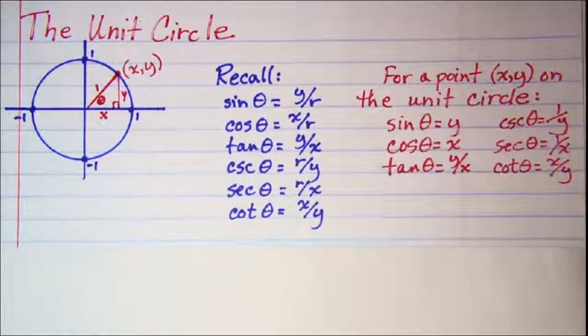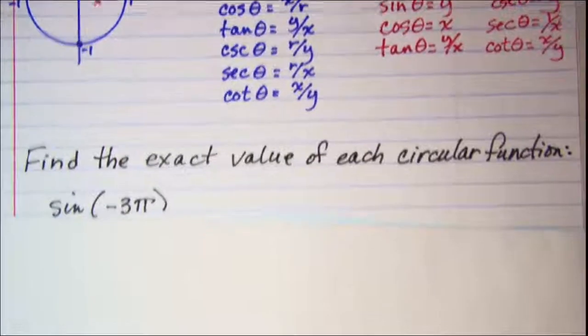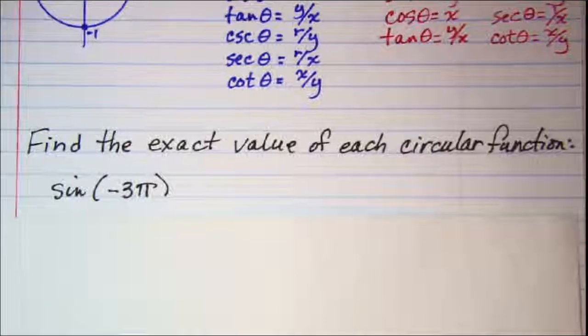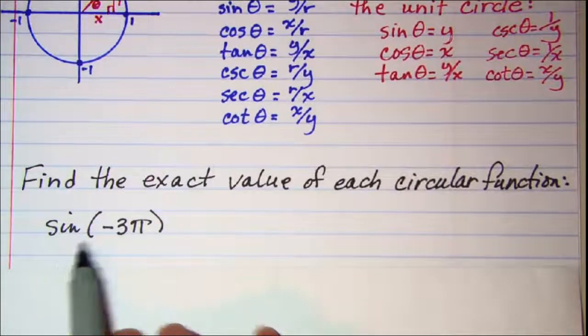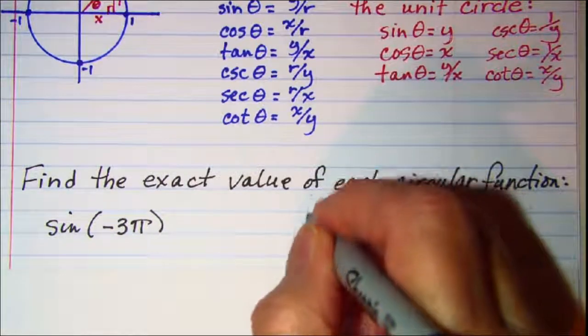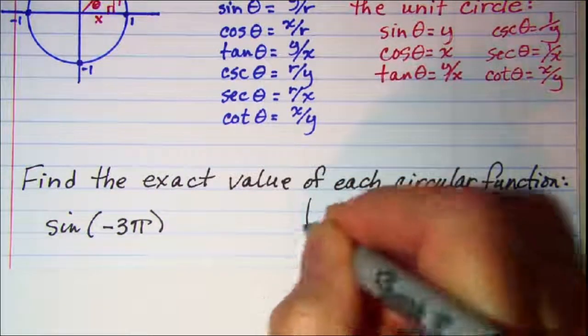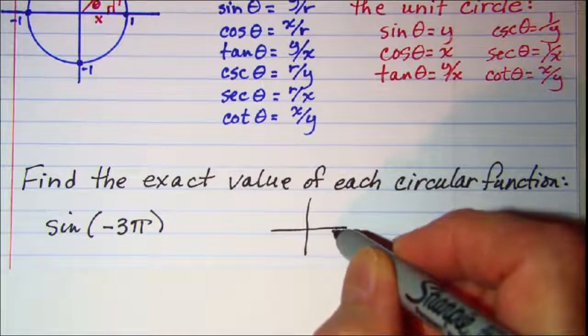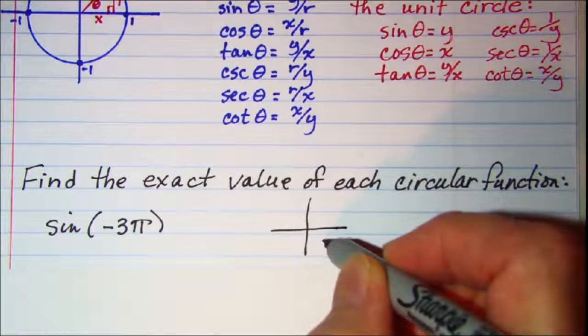So let's do a few problems. We're asked to find the exact value of each circular function. So the sine of negative 3 pi. So let me draw a sketch. If we start over here at the positive x-axis, we know that a negative angle starts by going clockwise.